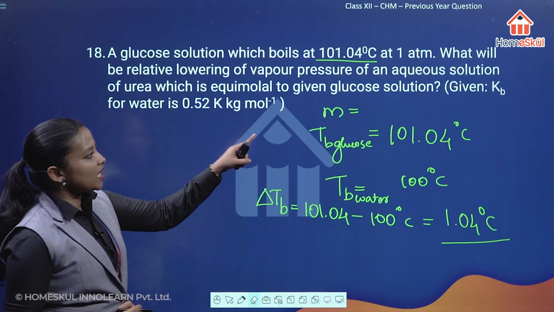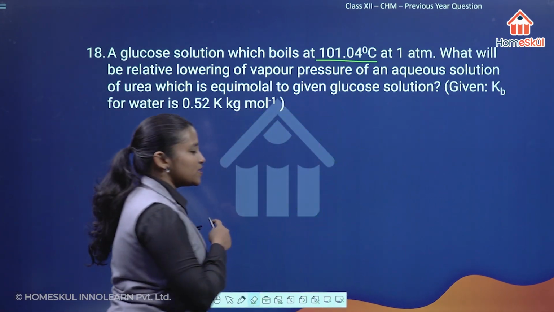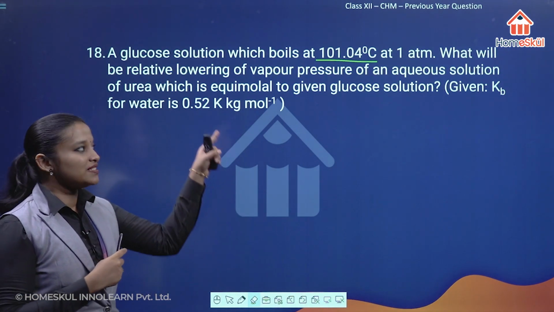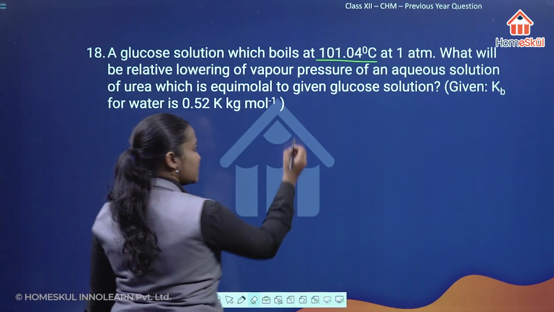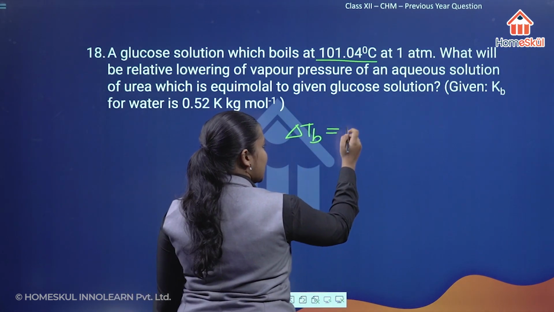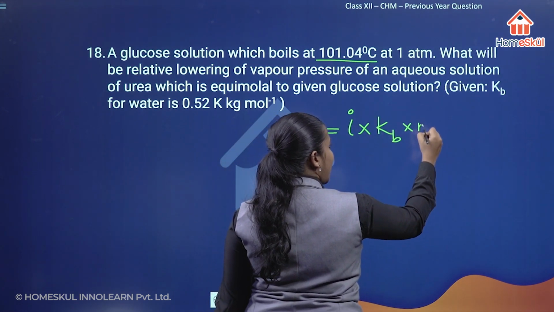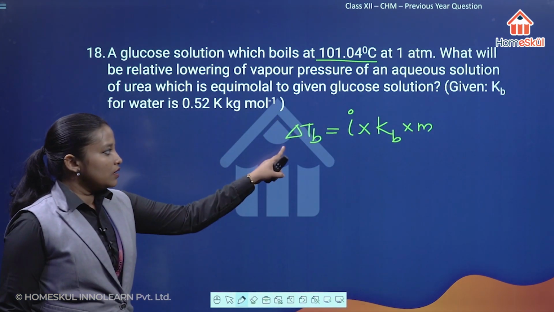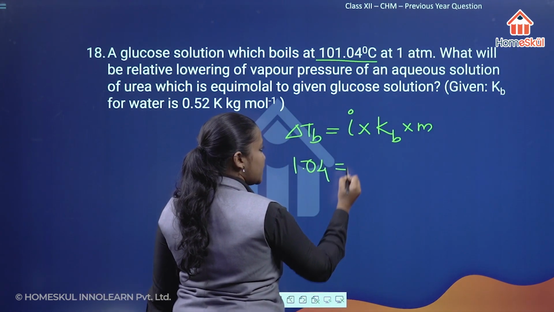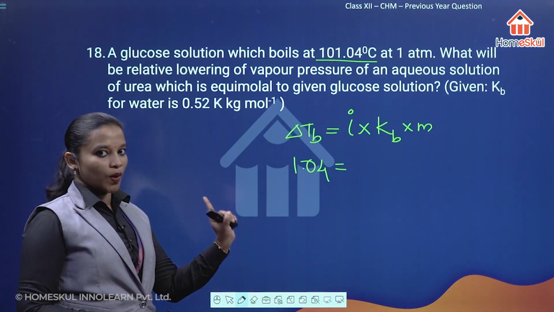Okay, and also Kb is given. We have delta Tb and Kb values. From this, we can find the molality of this glucose solution. Here, there is a relationship between delta Tb, molality and Kb: delta Tb is equal to i into Kb into m. Delta Tb is already found, 1.04 is equal to, we know that the van't Hoff factor i for a glucose solution is 1.